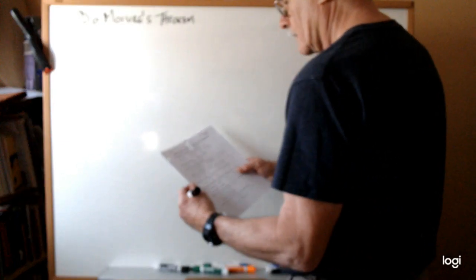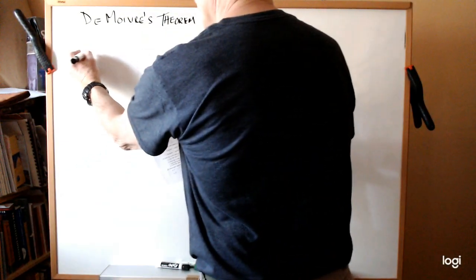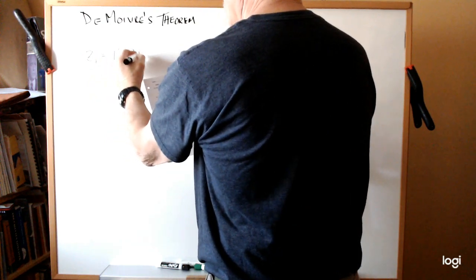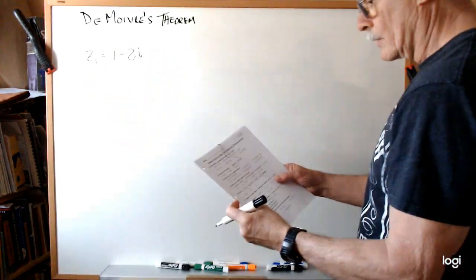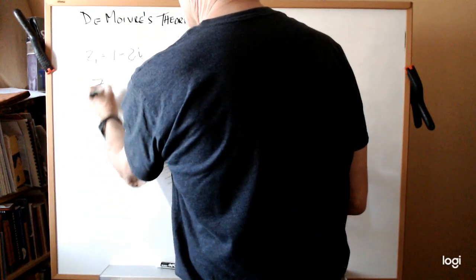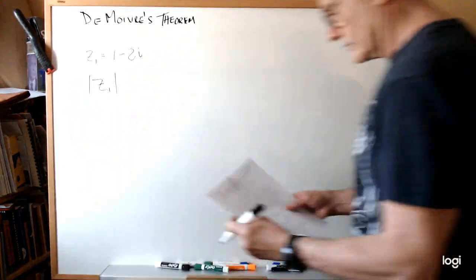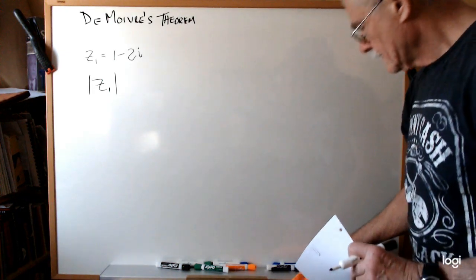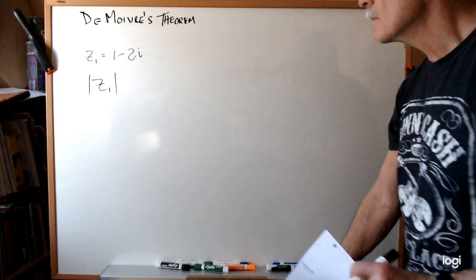Okay, let's pick Z1 is 1 minus 2i. And one of the questions we're asked to do is compute this. I think this is question 2a on that worksheet. And we're asking for the modulus.